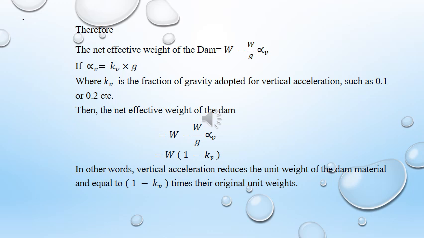In other words, the vertical acceleration reduces the unit weight of the dam material, which would be taken as 1 minus kv times the original unit weight. So the weight W is considered as 1 minus kv times the total weight of the dam.